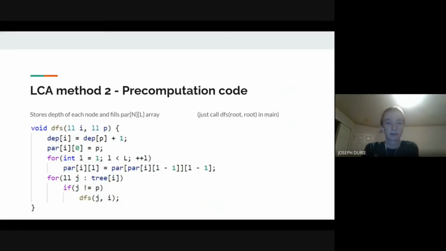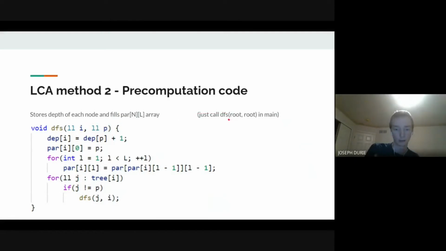So, the code for pre-computing this, here's one way to do it, where you do it all within a DFS. You assign the depth of i to be the depth of p plus 1. And then par[i][0] is, again, just the direct parent, which we can pass in as a parameter to the DFS.